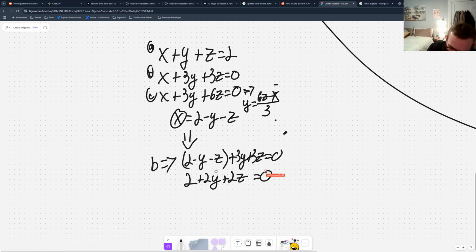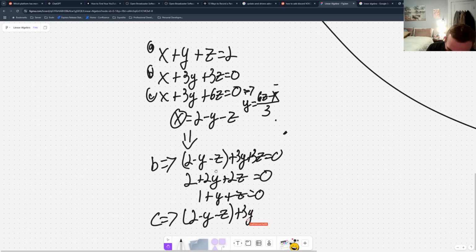And then we can divide everything by 2, and we get 1 plus y plus z equals 0. And then equation C, we plug it in, and we get 2 minus y minus z plus 3y plus 6z equals 0. Now we have 2 plus 2y plus 5z equals 0.